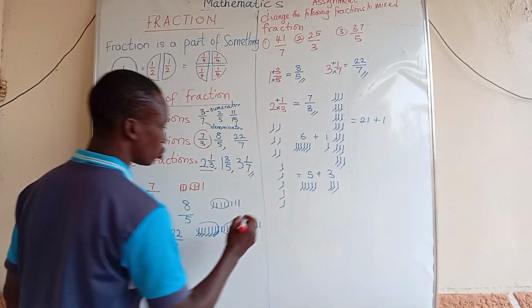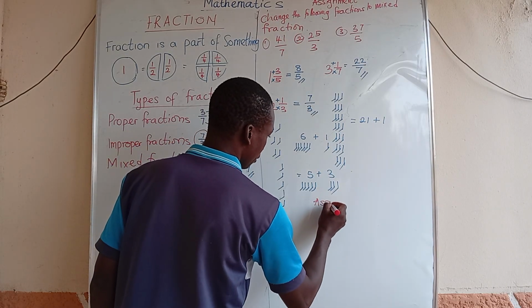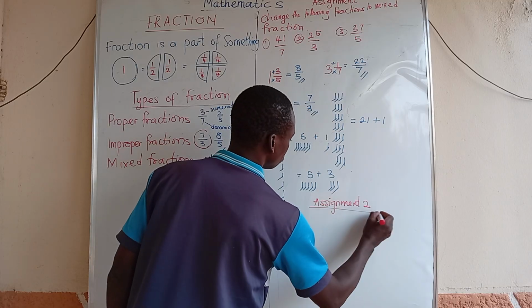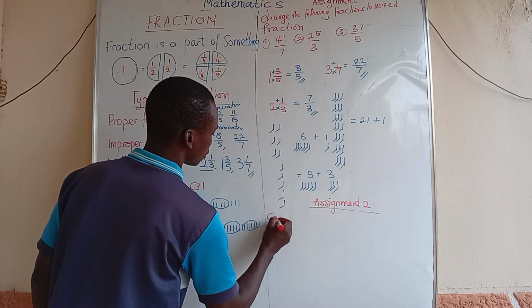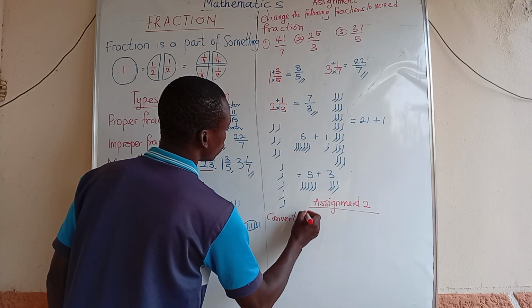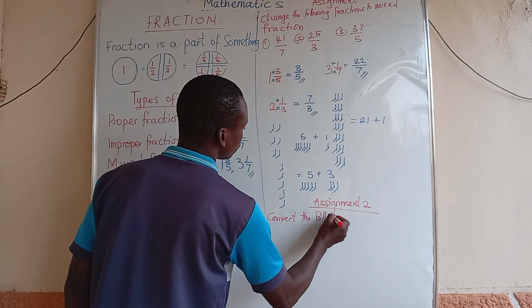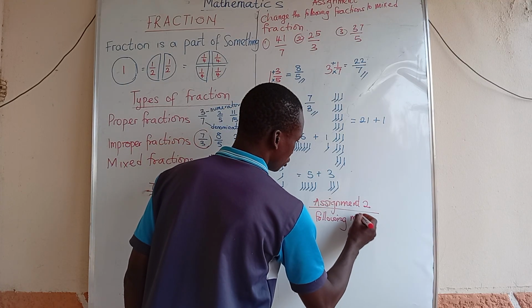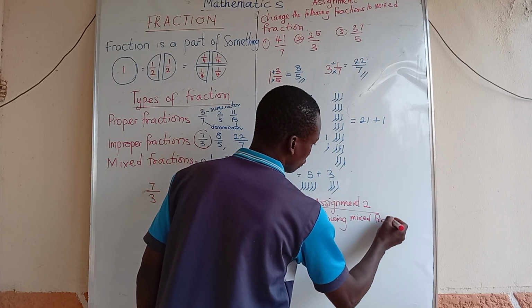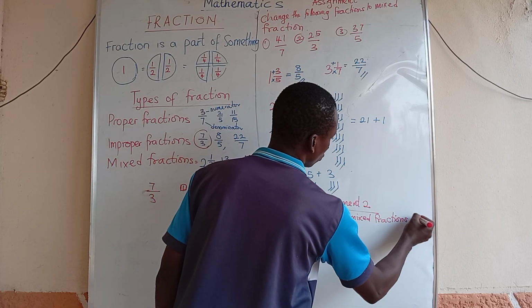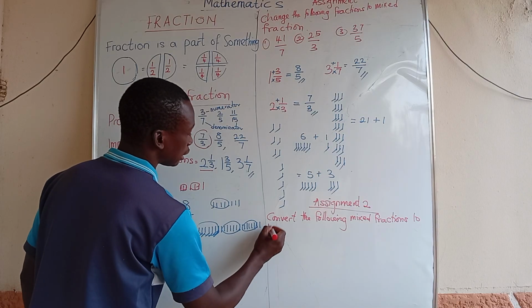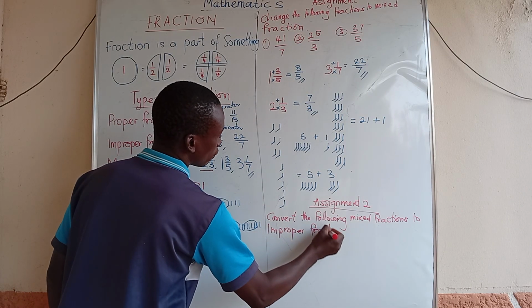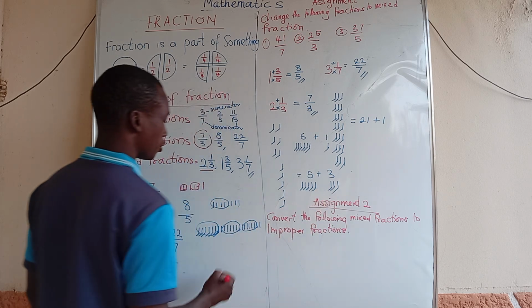And you can also do this. Assignment 2: convert the following mixed fractions to improper fractions.